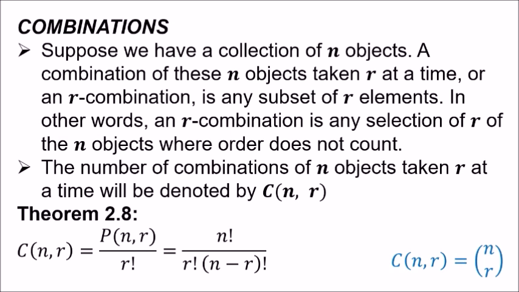If you notice from the previous, yung ating binomial coefficient is the same with this formula. So, ibig sabihin nun, yung combination of n taken r is also equal to the coefficient of n taken r.